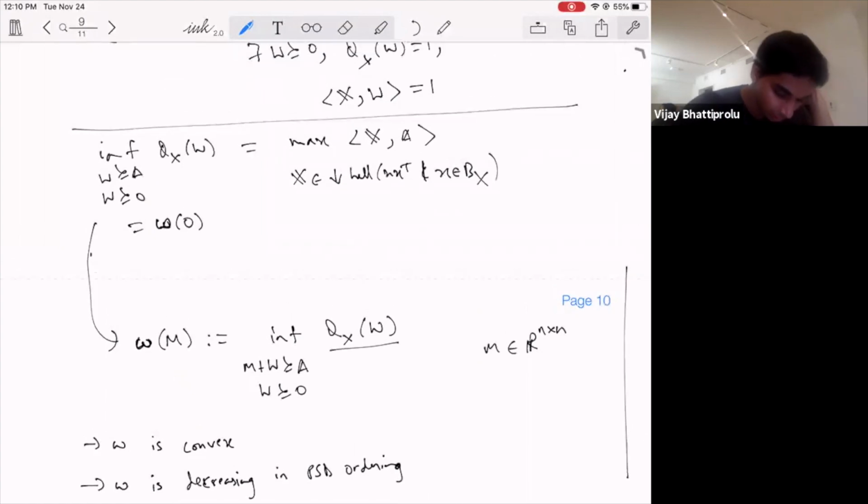I should tell you how I'm going to prove this above inequality. So first we prove that the left-hand side is at least the right-hand side. This is very easy. This is weak duality.